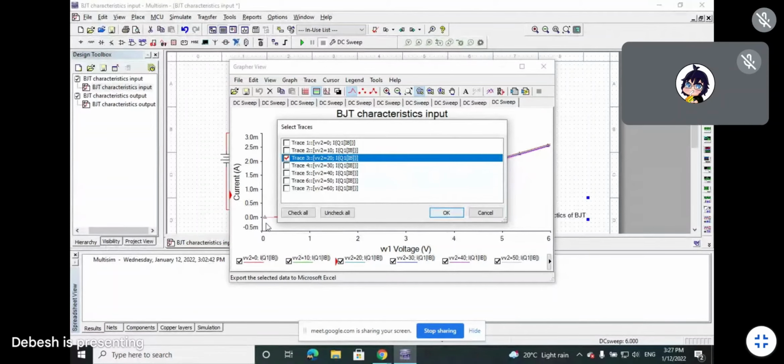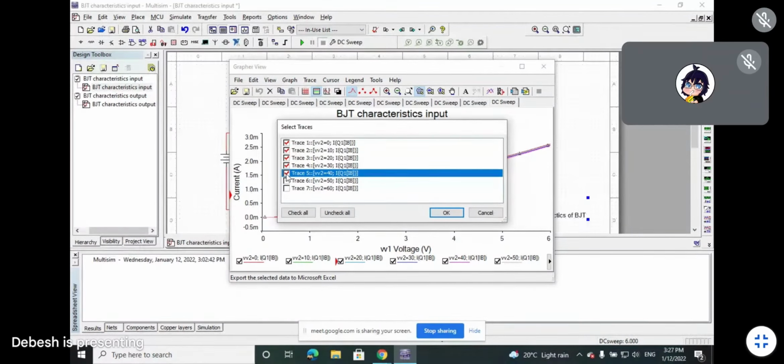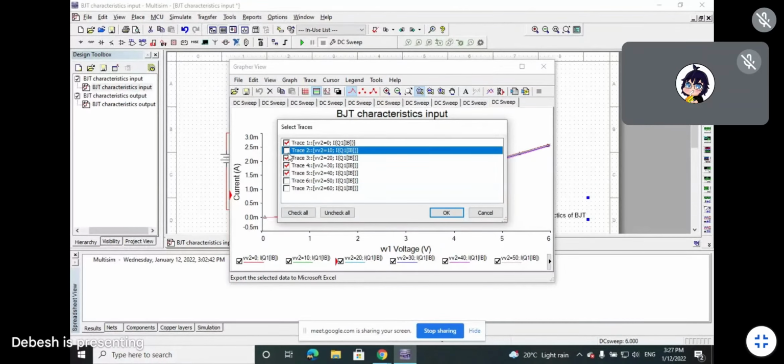Check all the traces. You have done the increment of 20, right? Uncheck the 10 value for V2, uncheck the second row, uncheck 30. For 60, check.